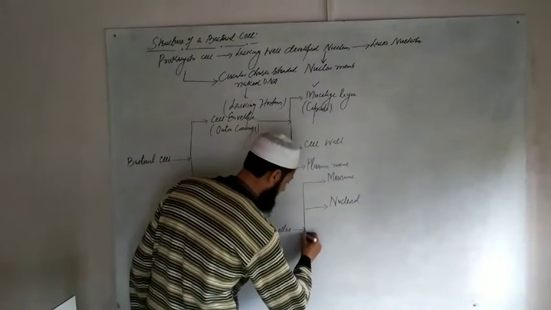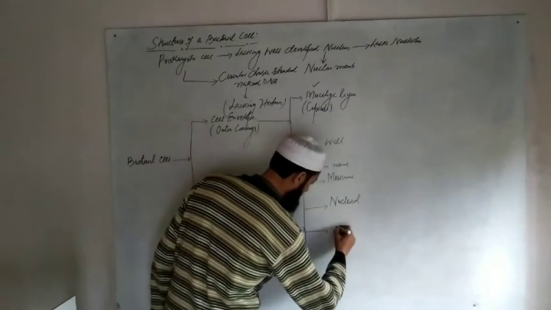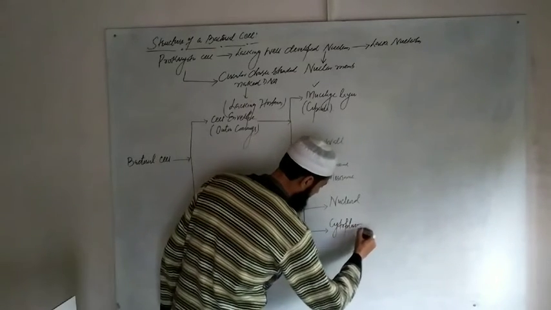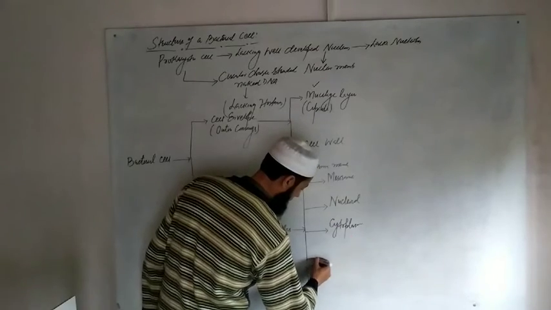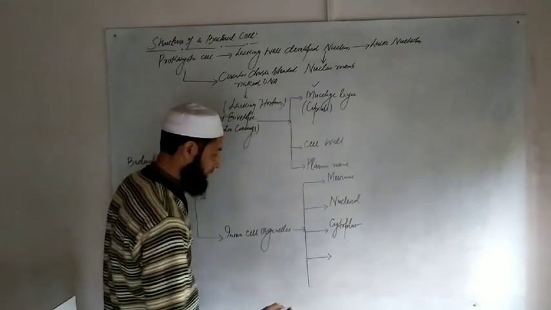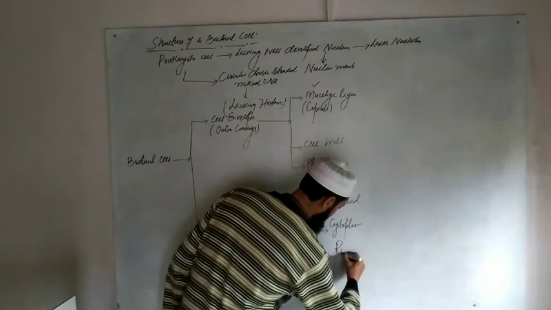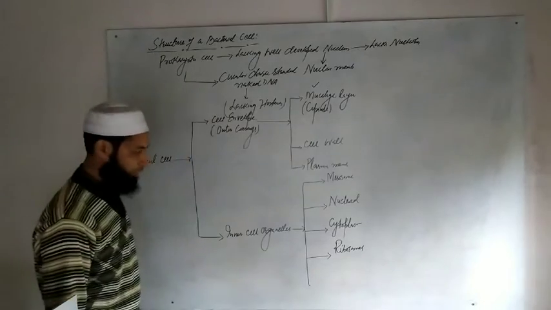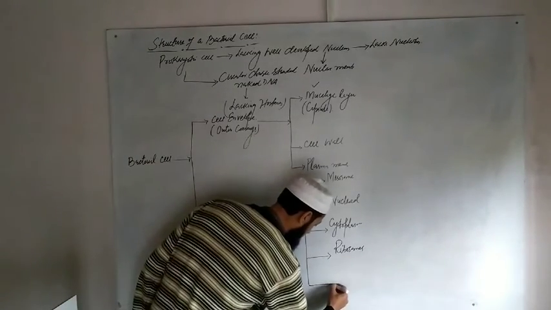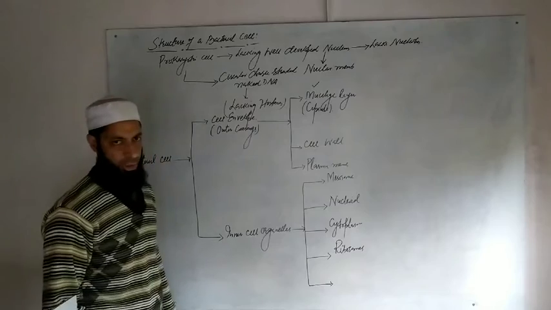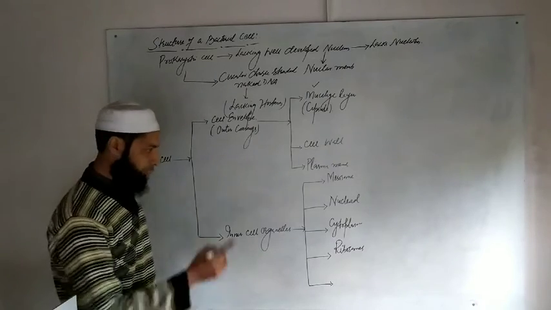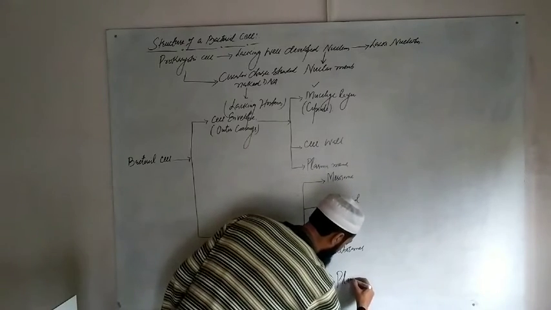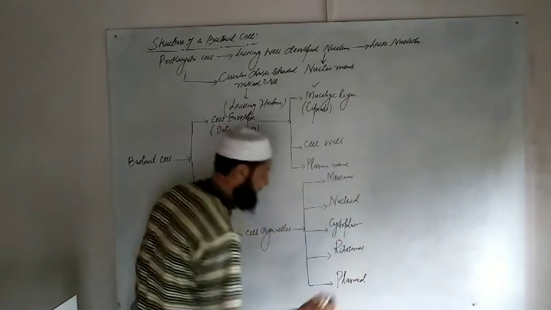Third, you have the cytoplasm. Fourth, ribosomes. Then fifth, you have one more cell organelle that is special to the bacterial cell, called plasmid DNA, or simply plasmid.